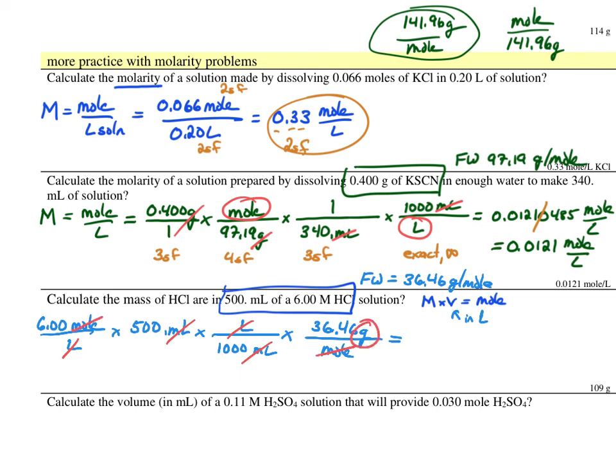We have units of grams in our final answer, which is promising. We do our calculation, and this comes out to be 109.38 grams. Looking at the sig figs, 3 sig figs, 3 sig figs. This is exact, so it doesn't impact our sig figs, and this has 4. So we can go to 3 sig figs. Our final answer would be 109 grams.